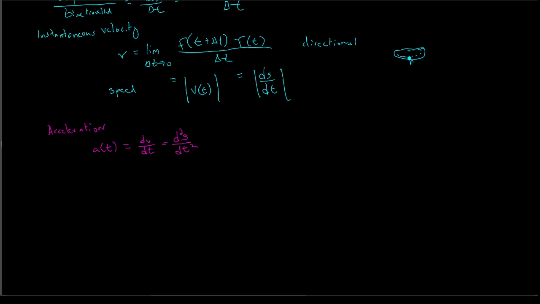And then the book goes on to talk about the jerk, which is the change in acceleration with respect to time, which is the second derivative of velocity with respect to time, which is the third derivative of position with respect to time.